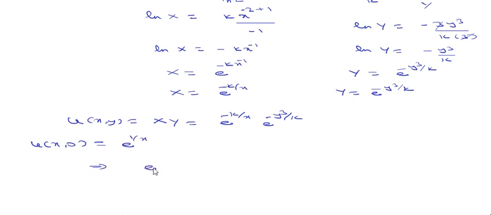So this implies e power 1 by x equal to e power minus k by x into e power 0, since y equal to 0. So equating, 1 by x equal to minus k by x. So this implies k equal to minus 1.